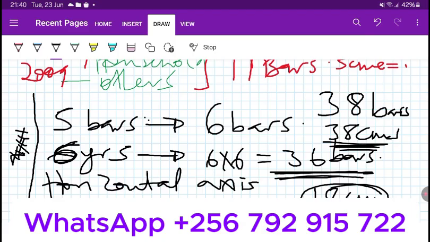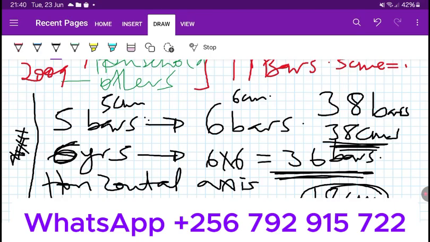So if they are 18, remember we need, if they were 5, we need 5 bars. 5 bars would be 5 centimeters. So 5 centimeters, if there were 5, then it means we need 6. Those are 6 centimeters. That would be 1 year.